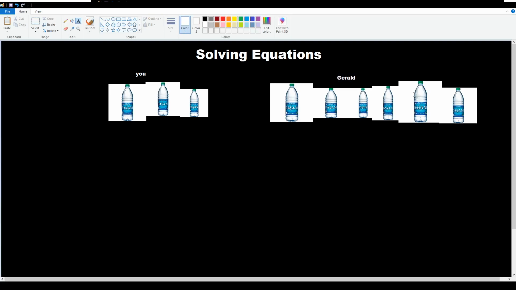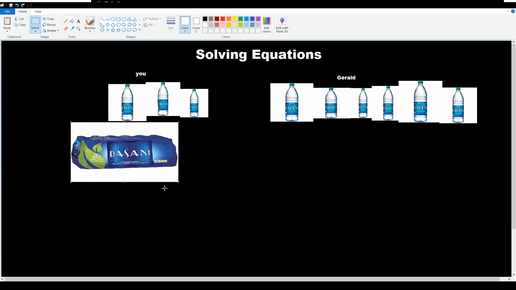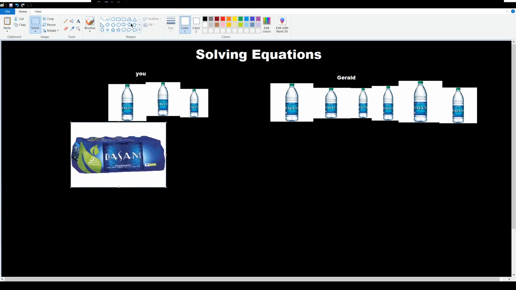And now say you have, we'll say, 2 cases of water bottles, okay? Same brand. Oh, it literally says the number right on there. Let's ignore that.